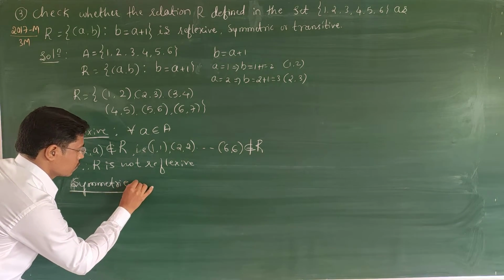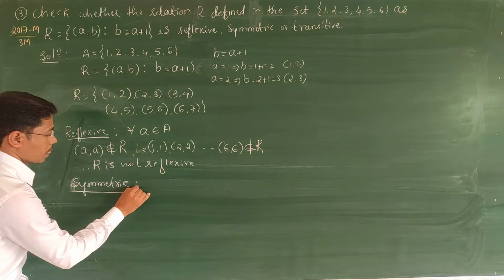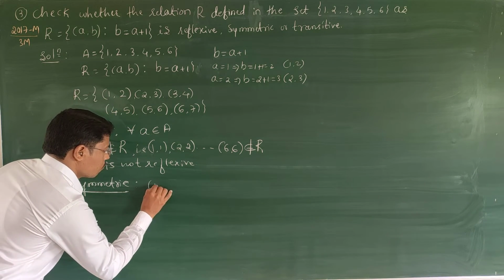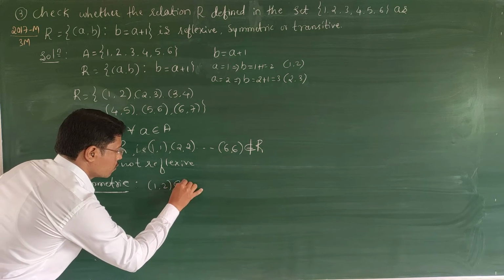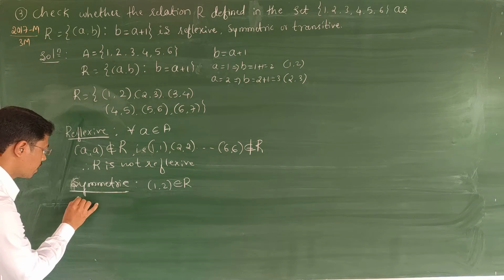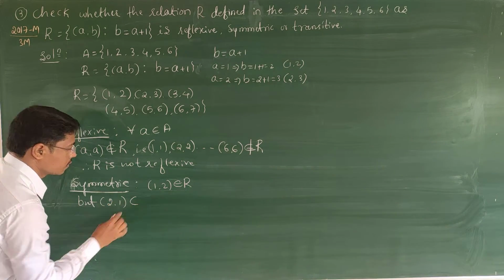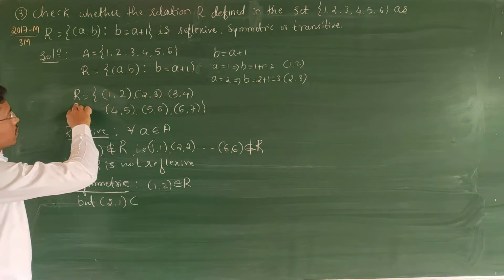So see here, let's take (1, 2). So (1, 2) belongs to R, but its reverse (2, 1)? Is there (2, 1) in the relation R?